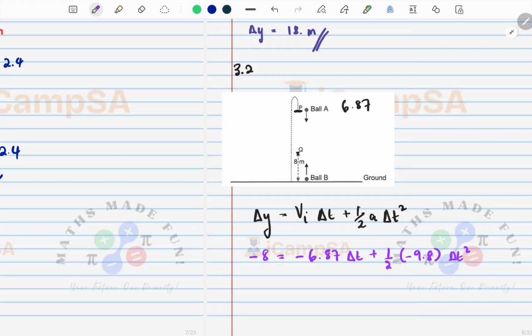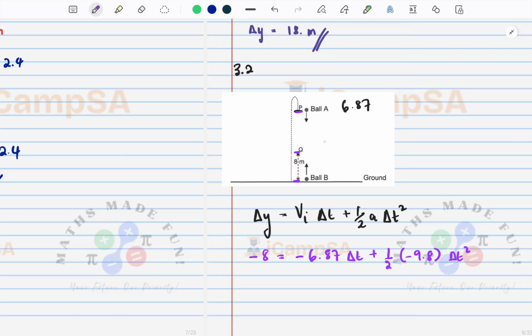Once you've got this, the time it took for ball A to move from P to Q should be the same as the time it took ball B to move from the ground until Q. And that's what's going to allow us to calculate.